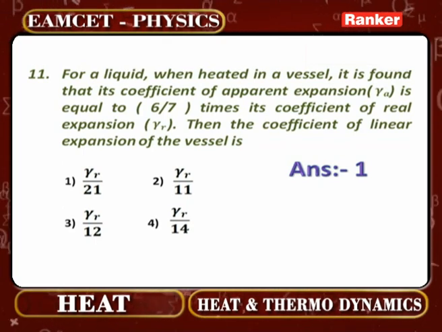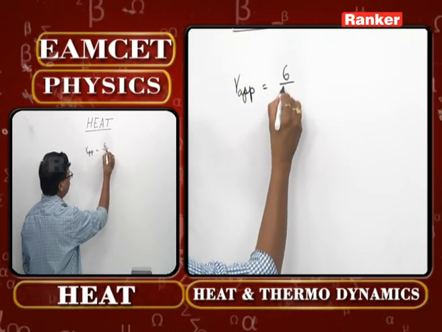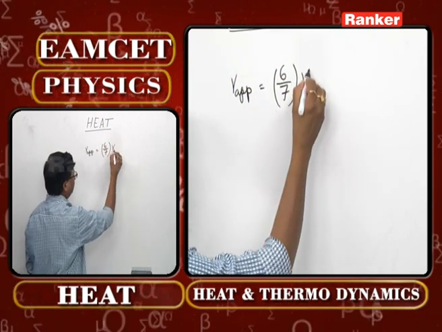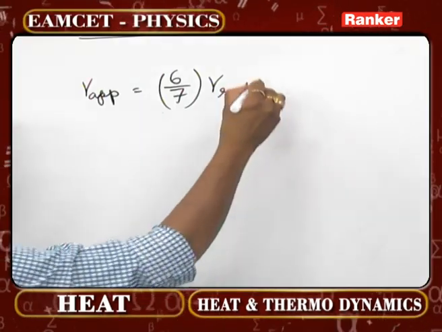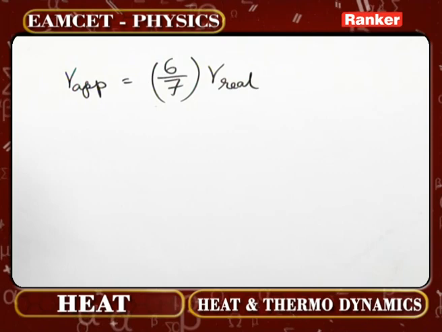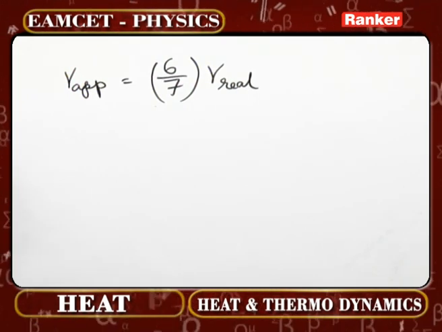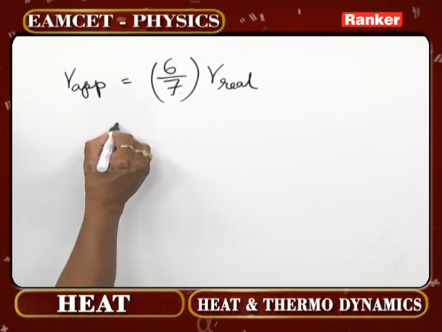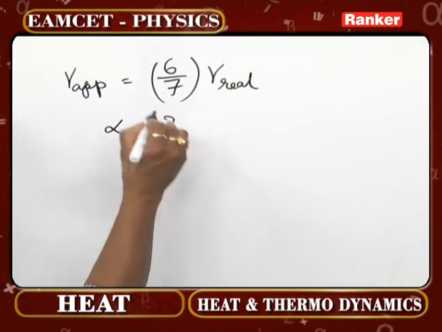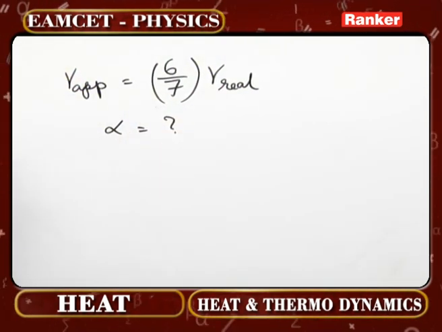Gamma apparent is equal to 6/7 times gamma real. This is the equation mentioned. That is a relation in fact. Then what is the coefficient of linear expansion of the vessel? That means what is the value of alpha? That is what he is asking.